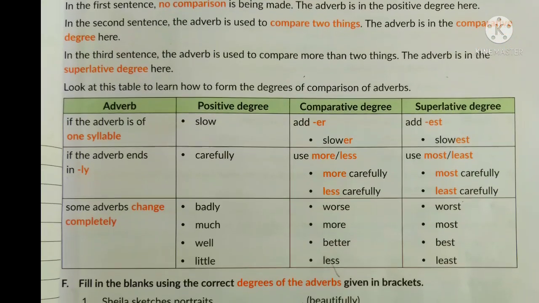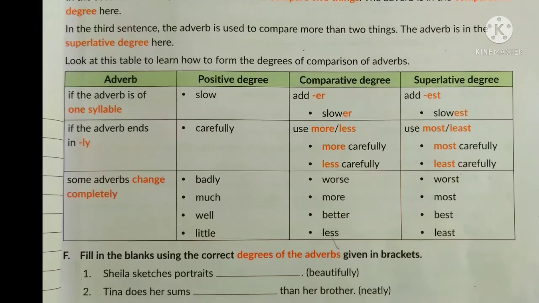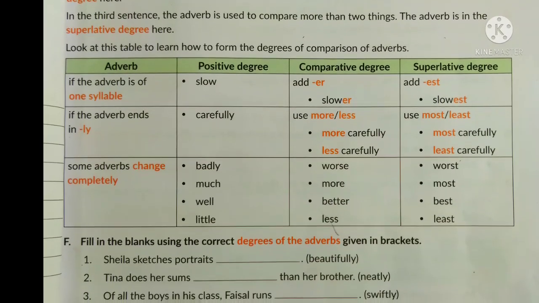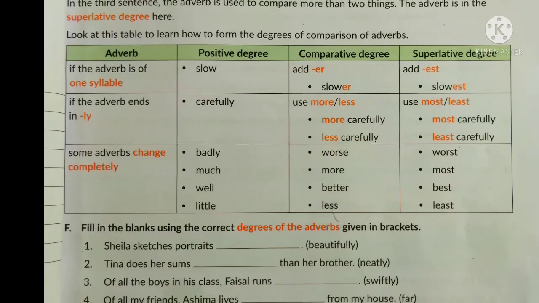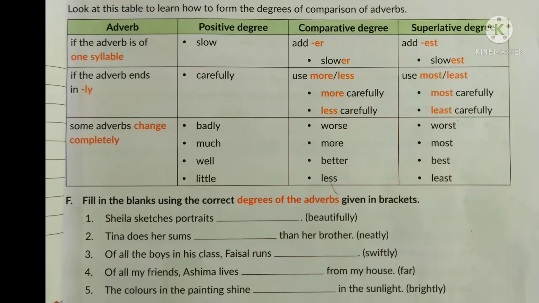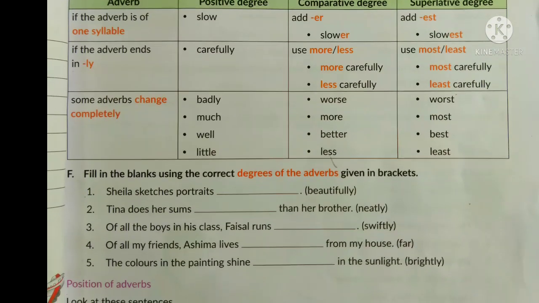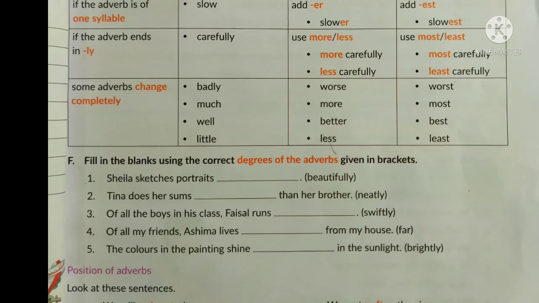So when you compare two things or two persons, the adverb is in the comparative degree. In the third sentence, an aeroplane travels the fastest, the adverb is used to compare more than two things. So the adverb is in the superlative degree.